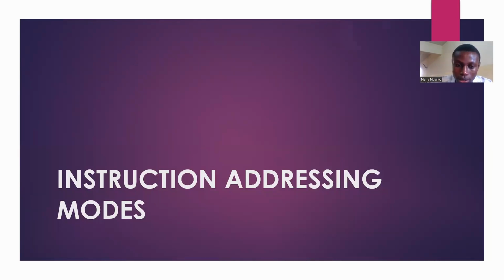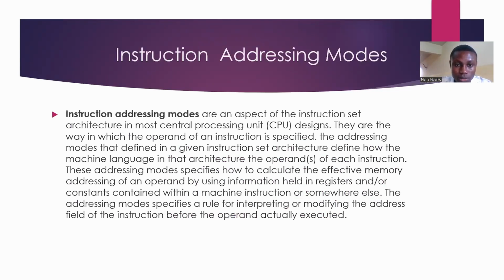Basically, instruction addressing modes are aspects of the instruction set architecture in most central processing unit designs. They are ways in which the operands of an instruction are specified. The addressing modes defined in a given instruction set architecture define how the machine language instructions in that architecture identify the operand of each instruction.